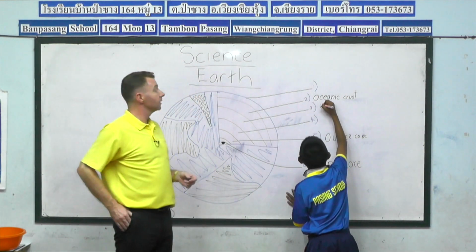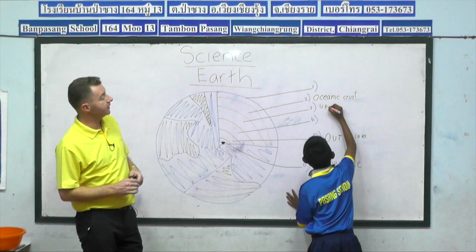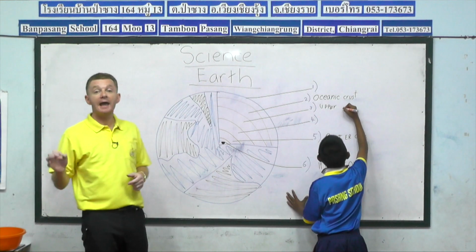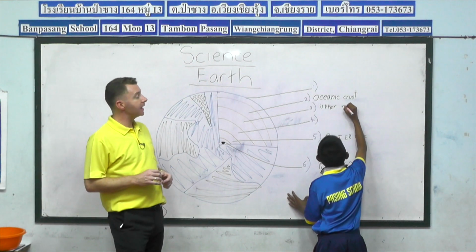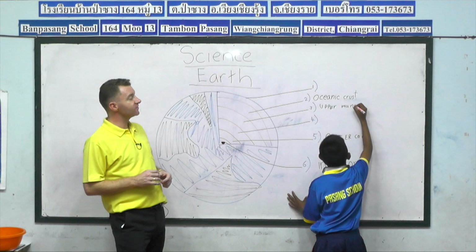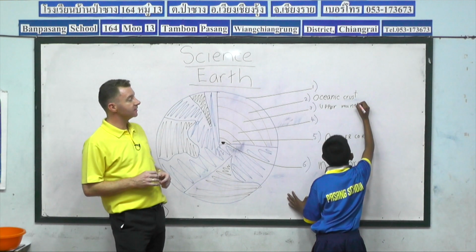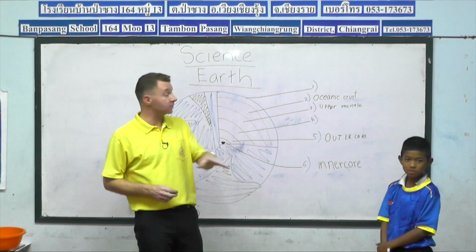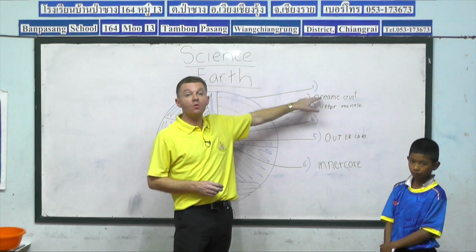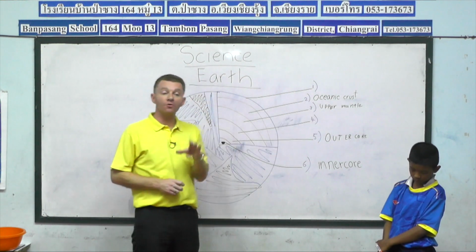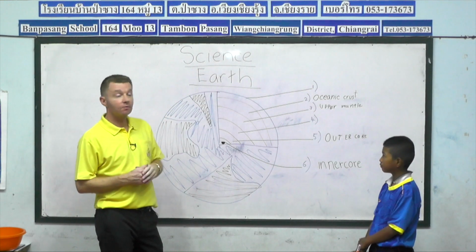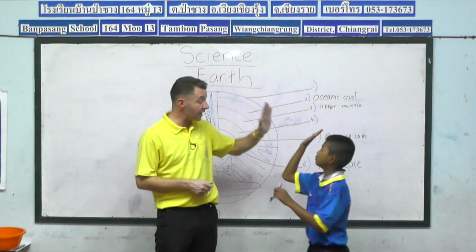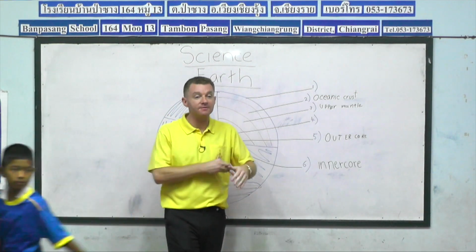U, P, P, E, R. And mantle, M, A, N, T, L, E. Excellent, Pat. Well done. You can see the upper mantle is the layer that is just below the oceanic crust. So all together, guys, number 3, upper mantle. Pat, that was brilliant. High five and a big round of applause for Pat, please, guys.